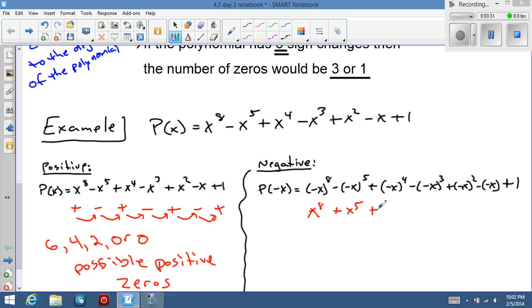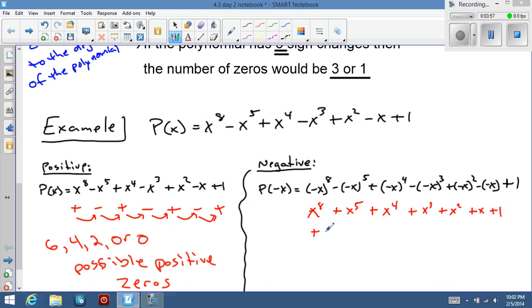We're adding, so x to the 4th. Negative x cubed stays negative, but we have two negatives there to make it positive x to the 3rd. Negative x squared is the same as positive x squared, so that's plus x squared. Negative x, we have two negatives in a row to make that a positive x, and then plus 1.